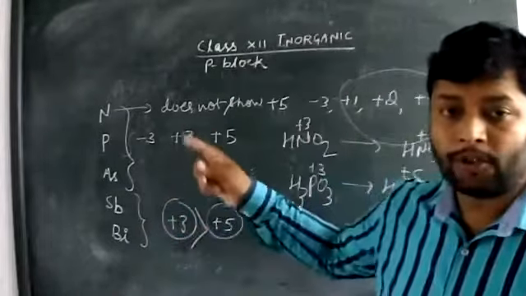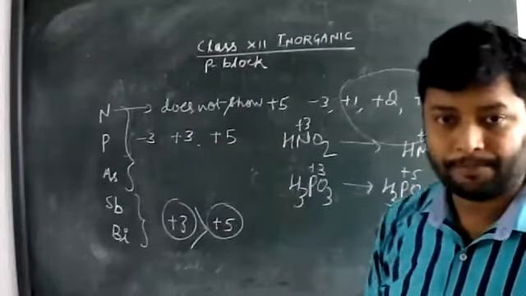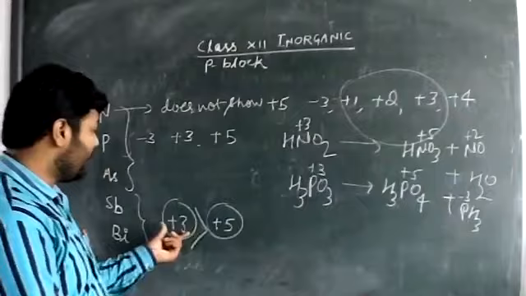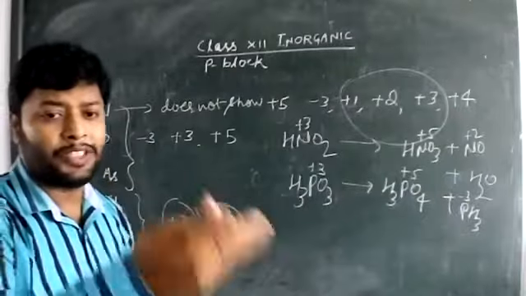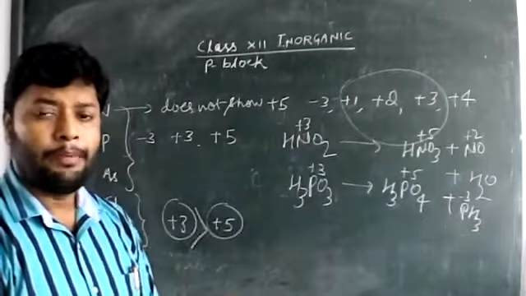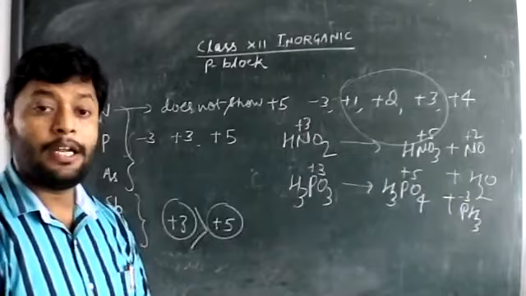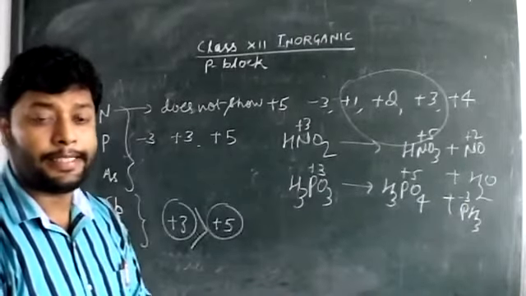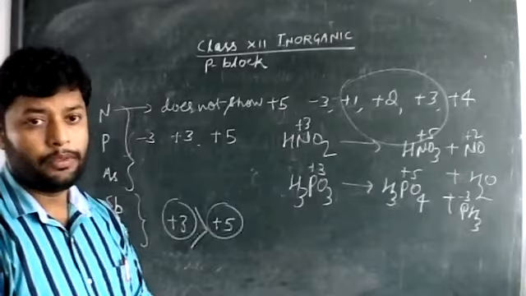That's why nitrogen and phosphorus have this ability. In arsenic, antimony and bismuth, the lower oxidation number becomes more and more stable down the group because of the inert pair effect, which increases down the group.